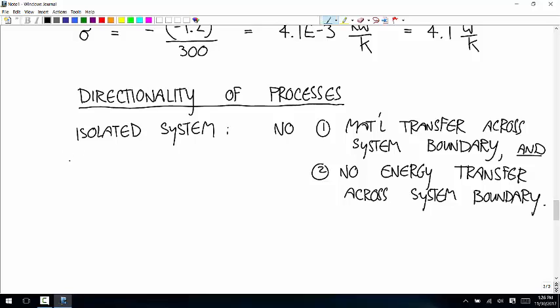And for any isolated system, this is true of the universe, but it's also true of any system that's isolated in this way.